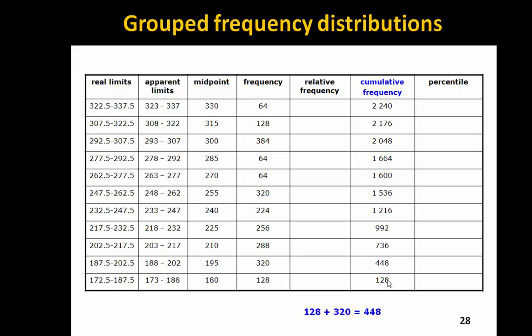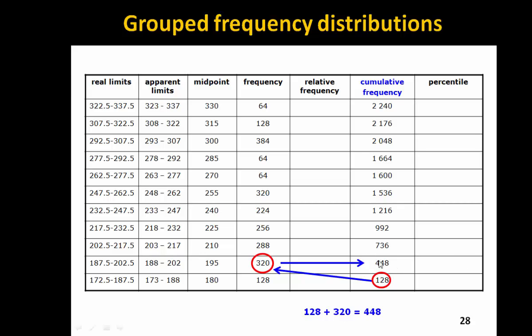And so what we see here is a similar step that we had before. In the very first row, in the first interval, we had 128 players. Well, in terms of the accumulation of the number of players, we have 128. Now, we take the 128, we add it to 320, and that will give us a cumulative frequency in the next row of 448.